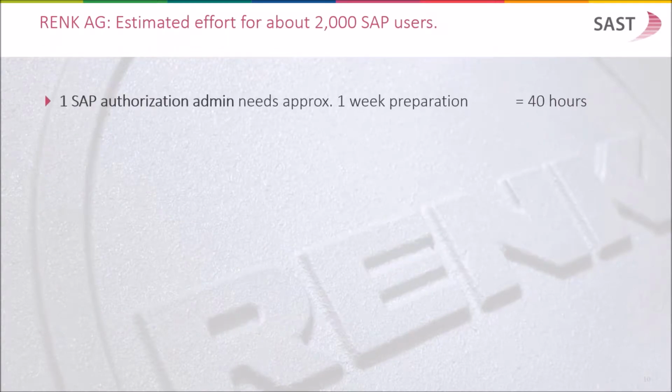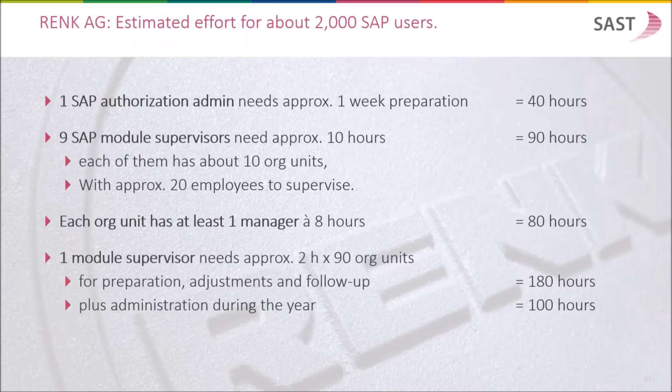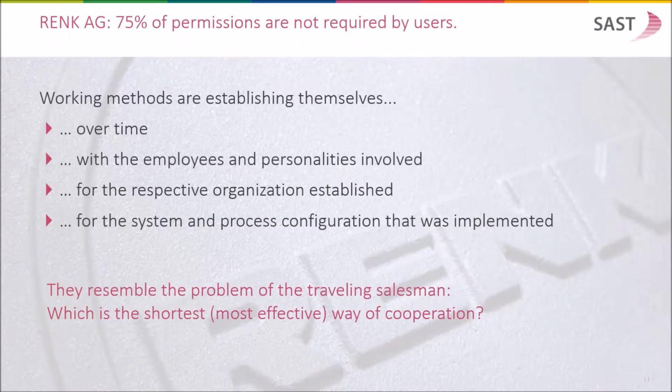You see some figures about the effort they had: in total up to 500 hours per year for this complete process. What they are looking for at this stage is no need to discuss very closely with the organization units and the personalities involved in this process.